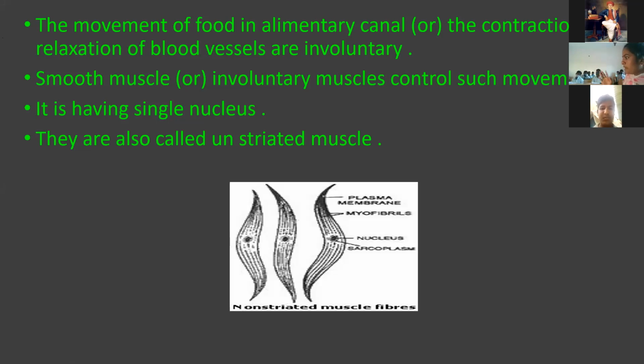The striated muscle has multiple nuclei, and the unstriated muscle has only a single nucleus. They are called unstriated muscle.